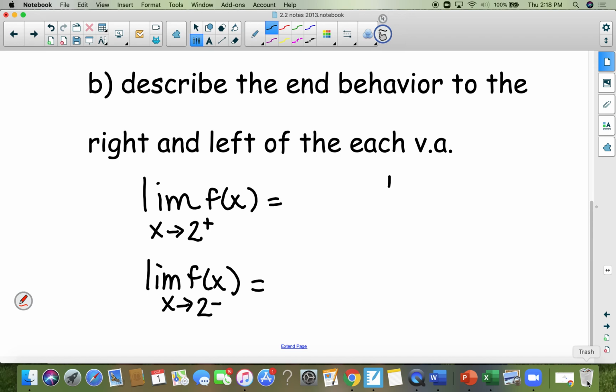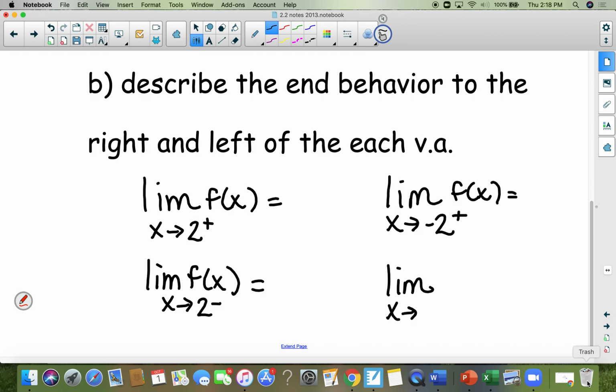You have another vertical asymptote: the limit as x approaches negative 2 from the right of f of x, and the limit as x approaches negative 2 from the left of f of x.